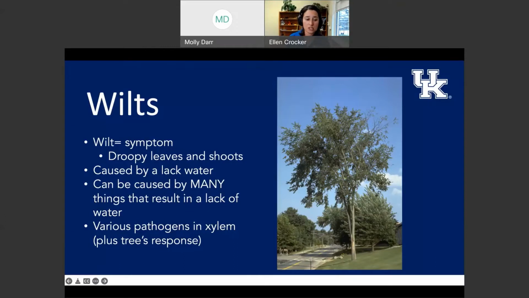And just a point that I wanted to make is that it's effectively a water issue in the tree. And so a lot of times when I see these problems first appearing, it is right when we start to hit some hot, dry weather. Now, is that when that fungus is first getting into the tree?